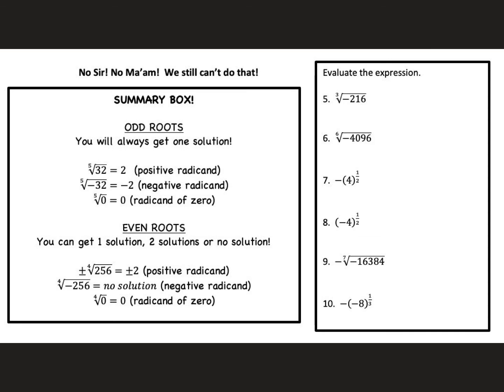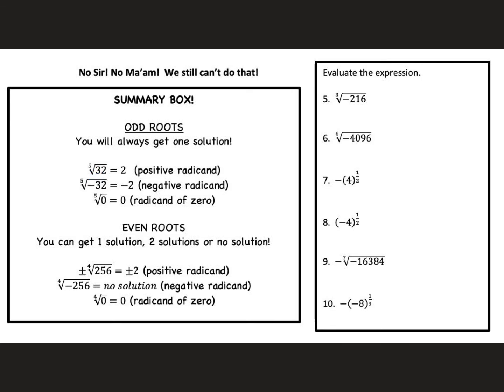So what's that mean for us right here? When we're taking odd roots, if my index is an odd number, a 5, these are all 5s, or if it's a 3, or a 7, or a 9, we've got to watch for some things.